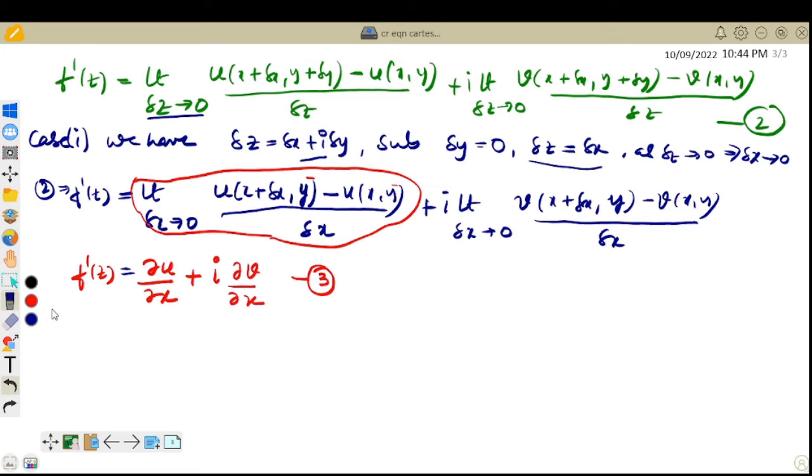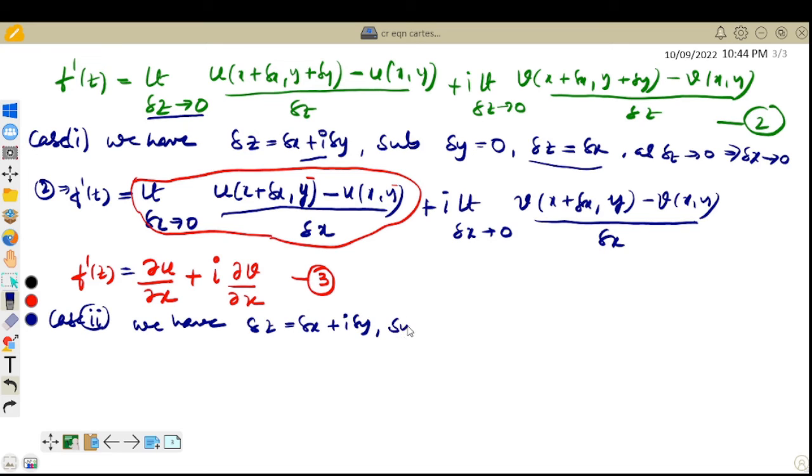Now let me go for case number 2. In case number 2, as usual, you have already delta z is equal to delta x plus i delta y.